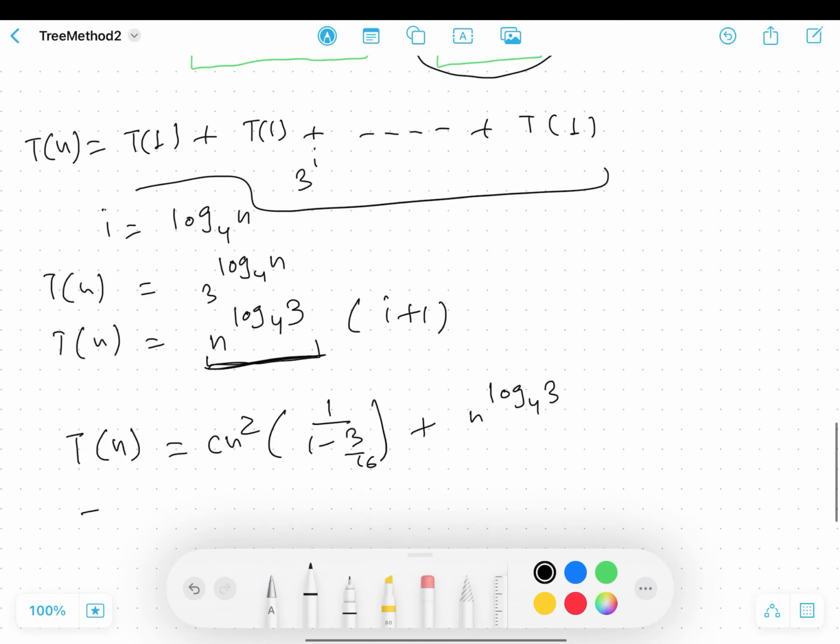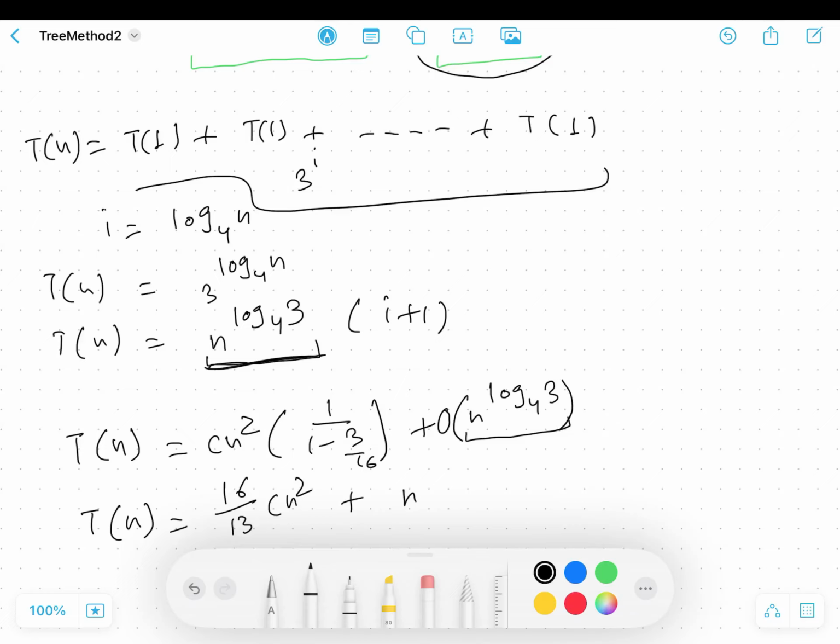And this will be 16 upon 13 Cn square plus n raised to log base 4 3, and because this is the total time, we can say it looks like this.